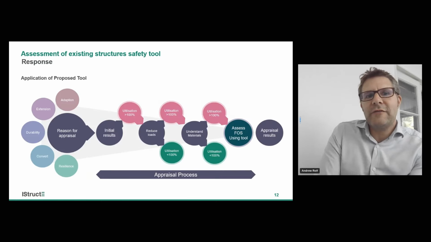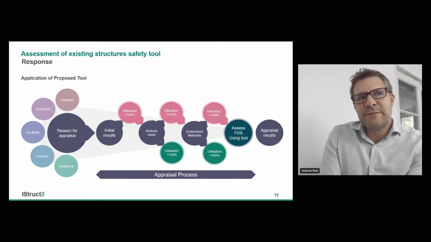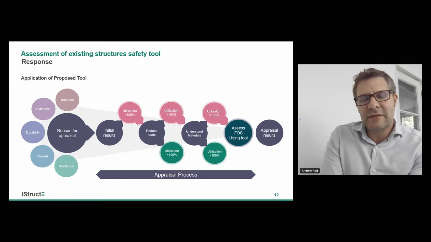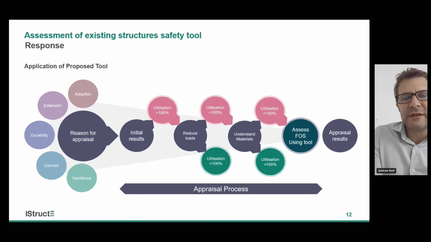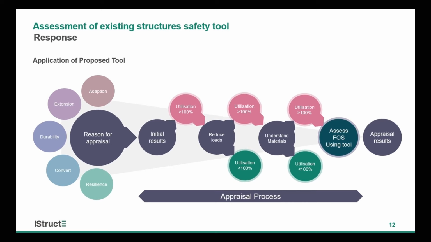So I suppose this is where I think that assessment stage expands out. So this is my slightly expanded version of that stage 6. When we undertake our initial calculations, our initial assessment, and we find that something is overutilized, we might have to look at reducing loads and the implication of that. But if that yields good results, and it turns out that the members themselves aren't overutilized once we've pulled that lever, then we might not need to go any further.